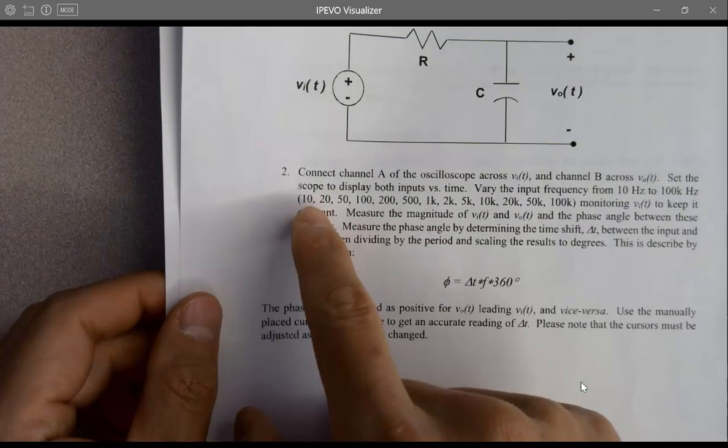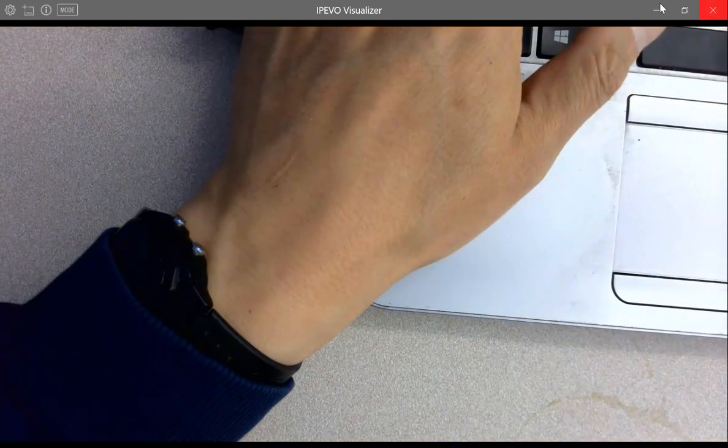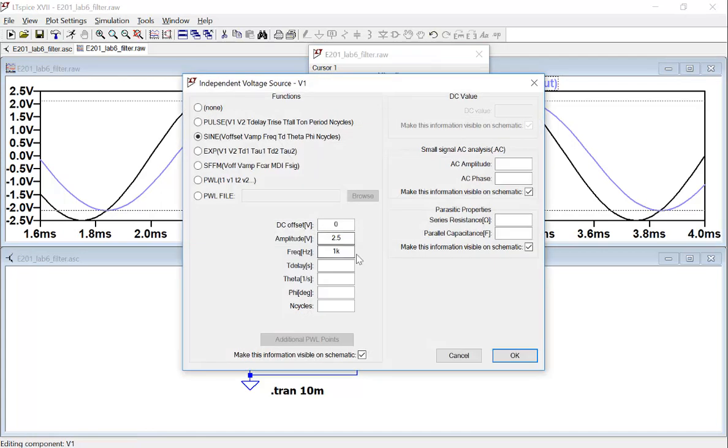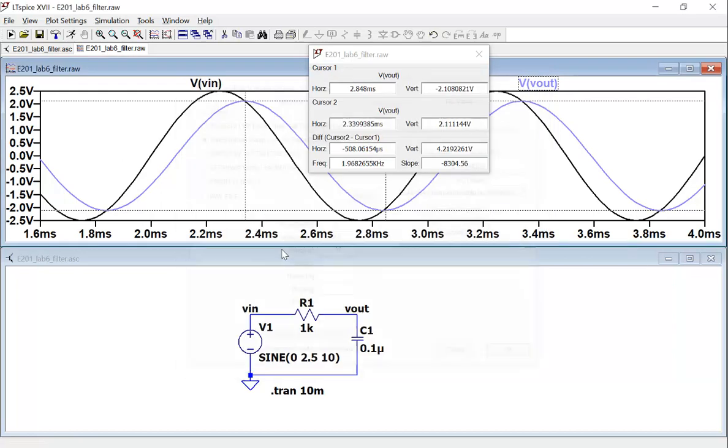So this is a frequency for each test. I only tested what here? 1 kHz, okay? Now you move to the next data point, you change the frequency of the function generator to 10, for example, and rerun it.